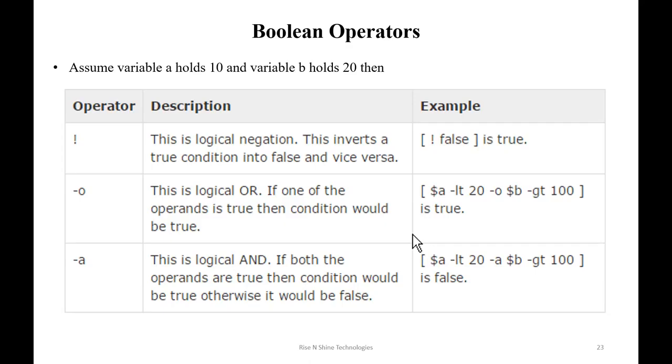So if a condition returns true, I need to apply the false evaluation, or if it returns false, I need to apply the true. Then we can use not. That is exclamatory.